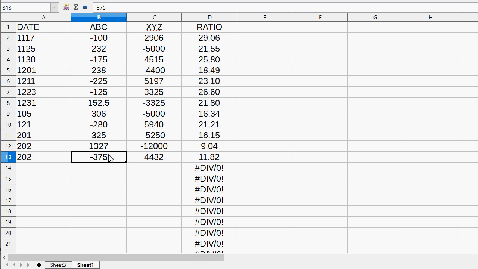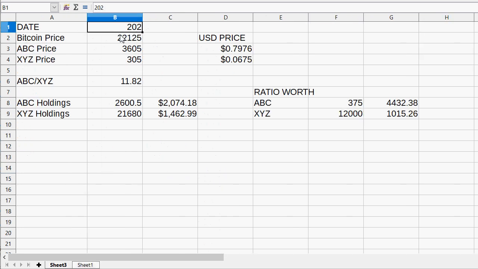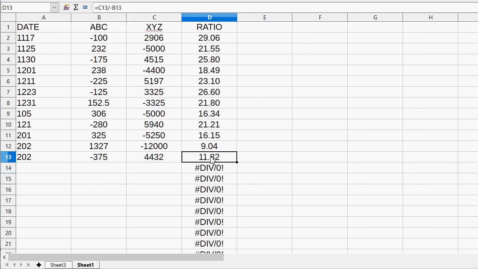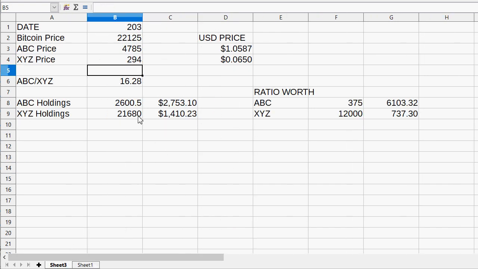So we'll put that in as we move on, and let's assume that the next day during these wild markets, the price here goes up nicely, say 47.85. And because of the gain, this one even fell a bit more. It's now a 16.28 ratio. Nice little amazing gain. You can make a decent aggressive play.